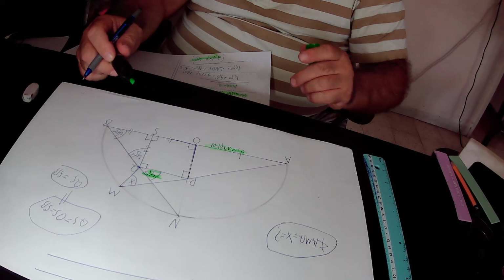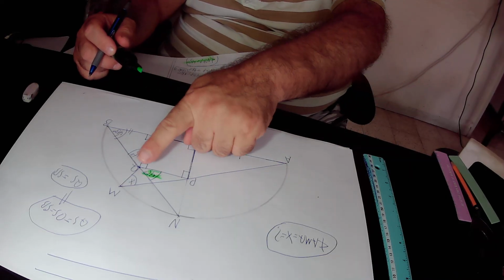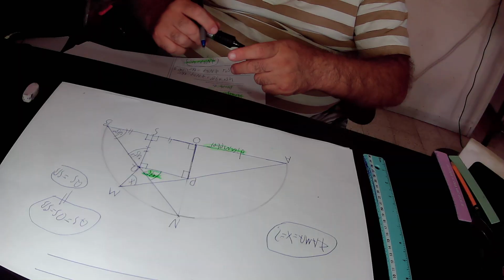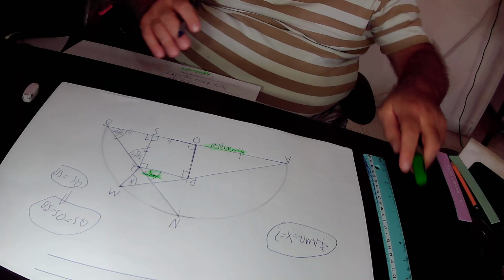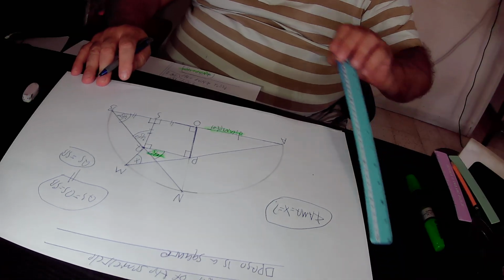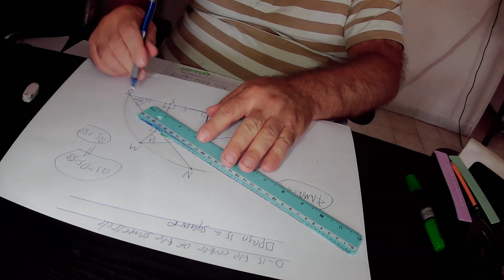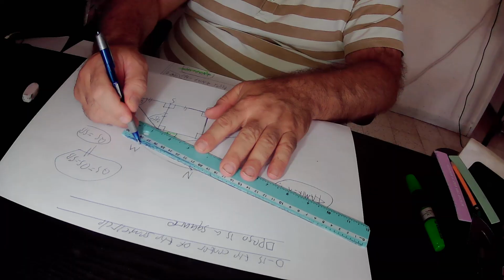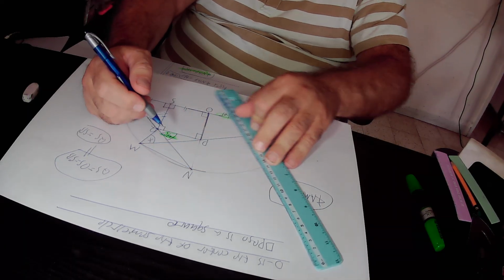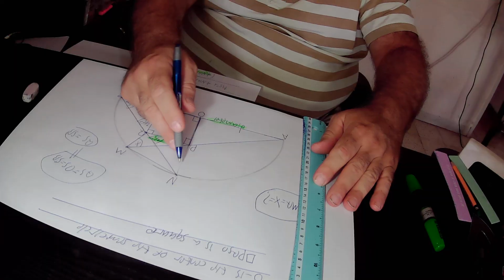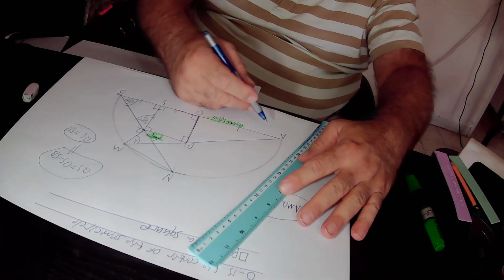In the next step, we join points M and N together by a straight line, and we join points N and A together by a straight line.